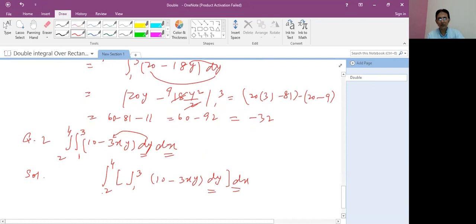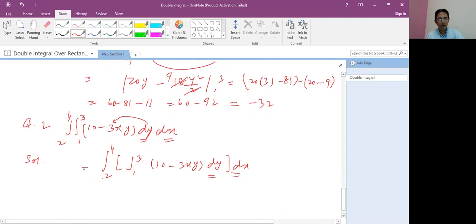The integral value is 10y minus 3x, with the integral of y dy being y square over 2. Then we apply the limits after integration.